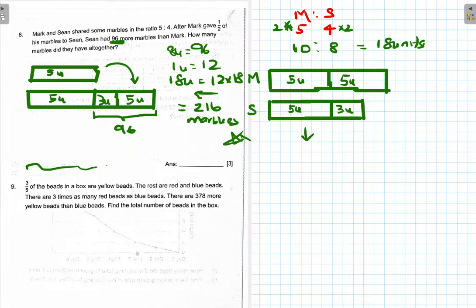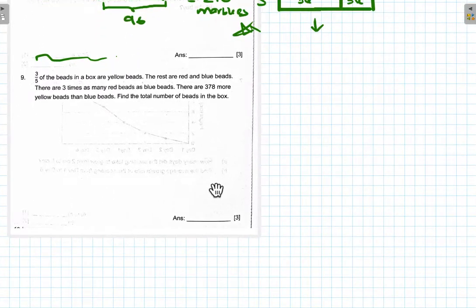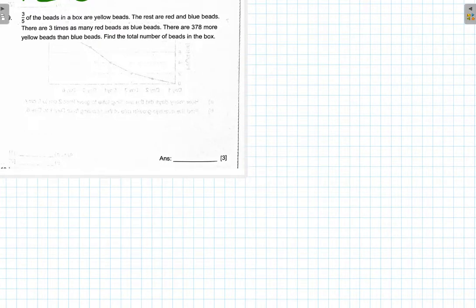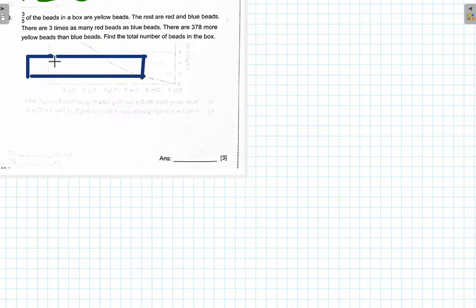Okay, let's go to this. This is also another model drawing. Let's start with this. So must cut into 5 parts. It says 3/5 are yellow.